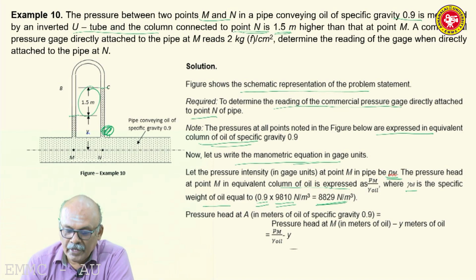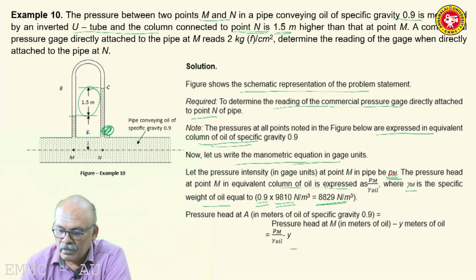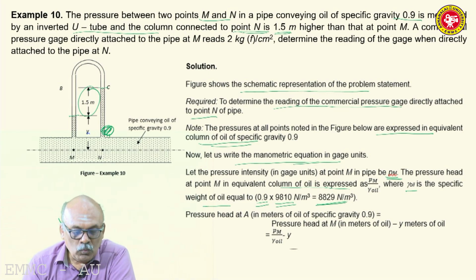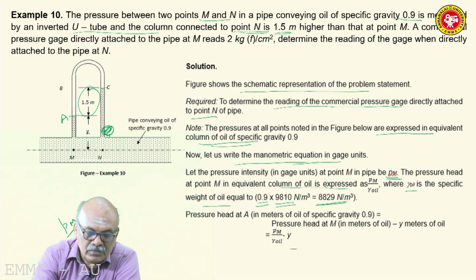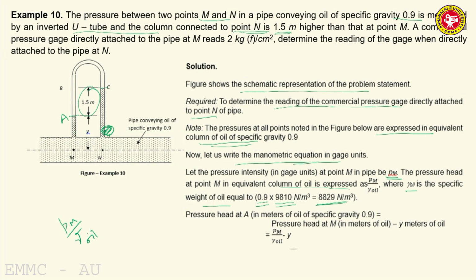Now pressure head at A in meters of oil is pressure head at M minus Y. Say this is A, that is the surface of liquid in the left limb is at A. That is missing in the sketch, so please mark it A. So pressure head at A, so A is above M. So pressure at A will be less than pressure at M. So what is the pressure head at A in meters of oil of specific gravity 0.9?